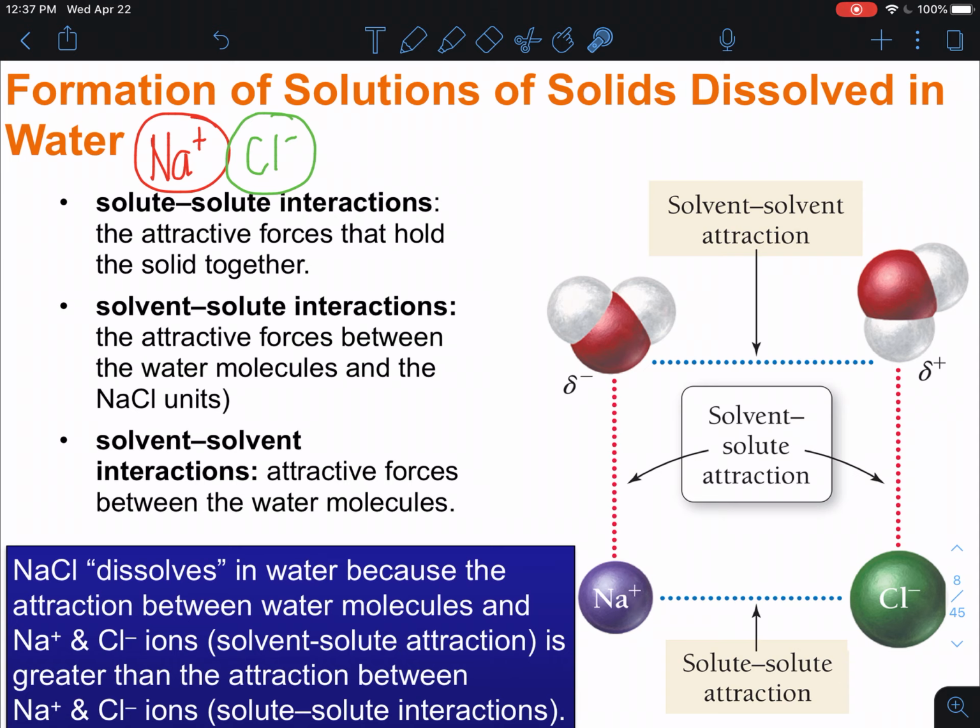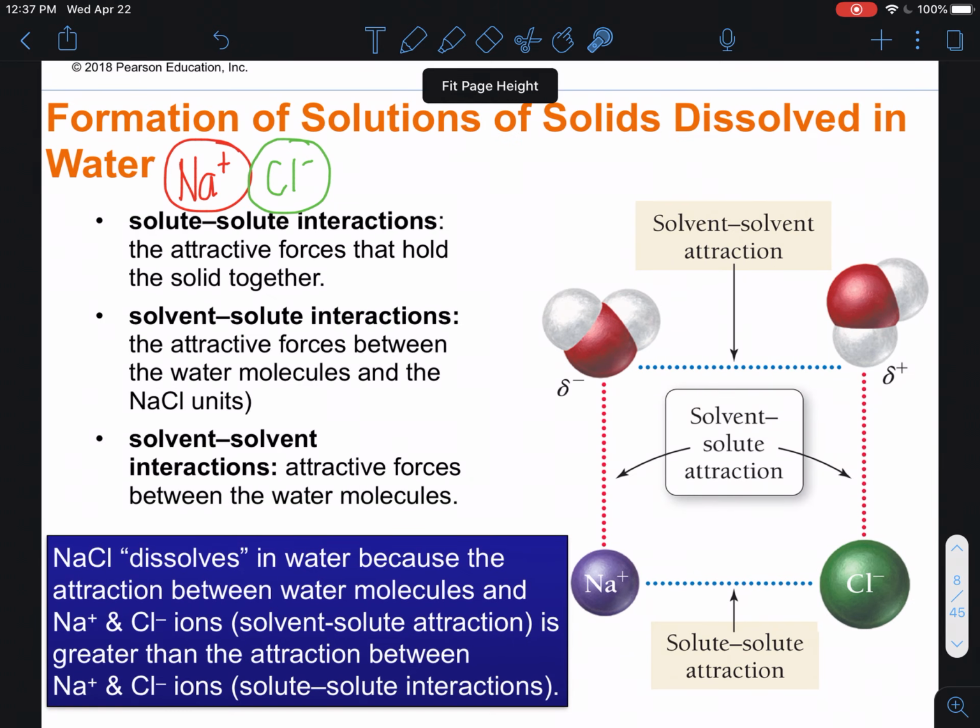So in a solution, in order for a solid to dissolve, the solvent-solute interactions must be greater than the solvent-solvent interactions and the solute-solute interactions. They must be greater.